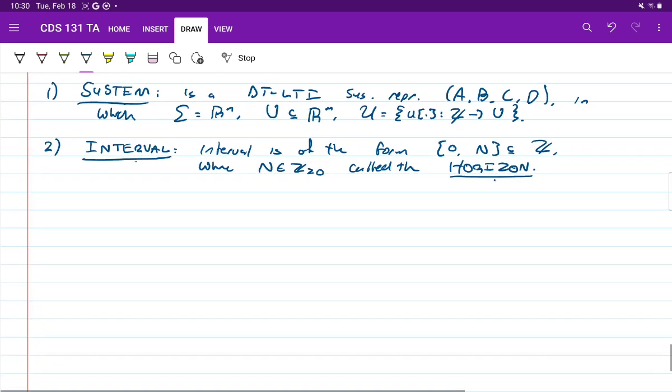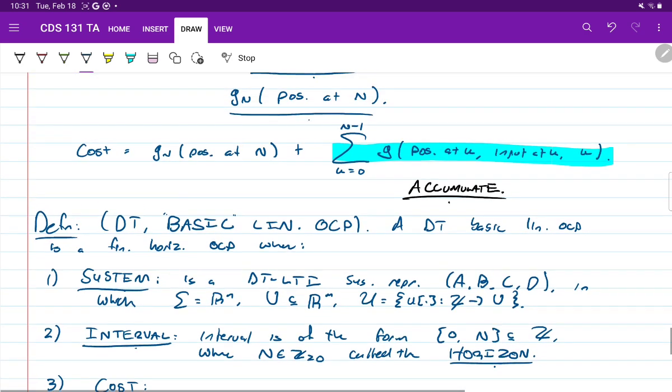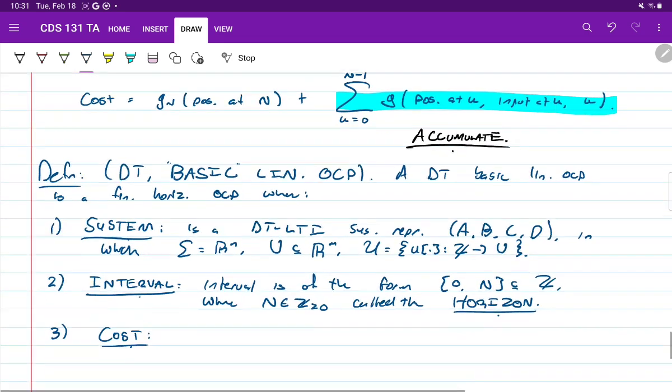All right, so we've specified the system, we've specified the interval. Now I just want to specify the cost. The cost function will take this special form of accumulated cost that we specified above.